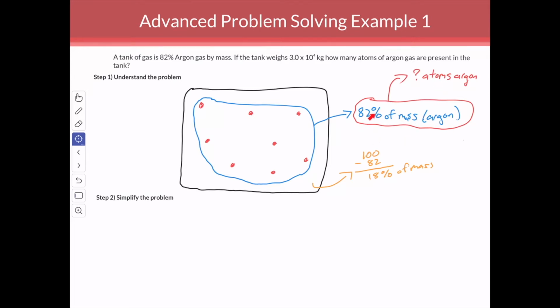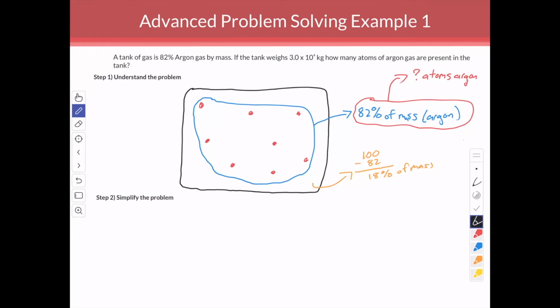But I also have a percent here, right? So I first need to find out the mass from the percent, it looks like. I know the total mass, right? So I need to first find the mass of argon atoms using the percent, and then I can do a mass to atoms conversion.